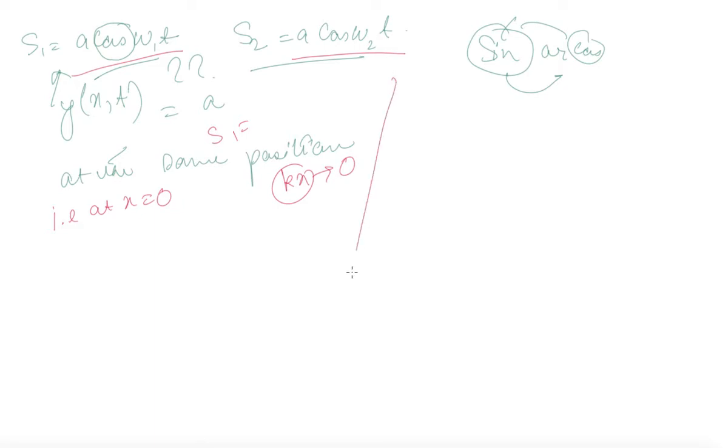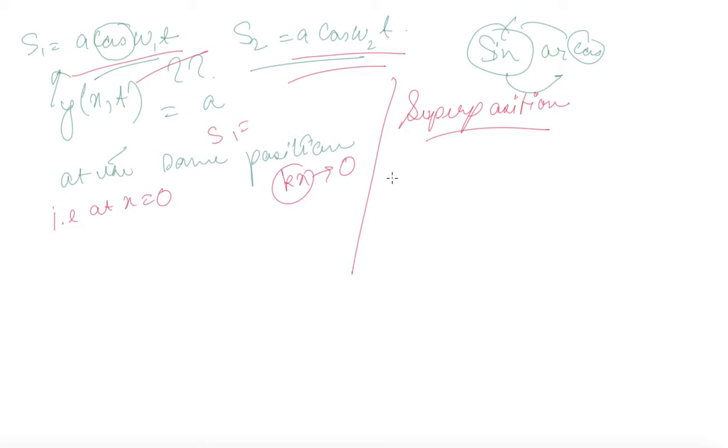If we apply the principle of superposition, since these two waves are overlapping one onto the other, please keep in mind we have discussed what superposition is. The superposition principle means that when two waves overlap, the resultant wave is the algebraic sum of the displacements of the individual waves.